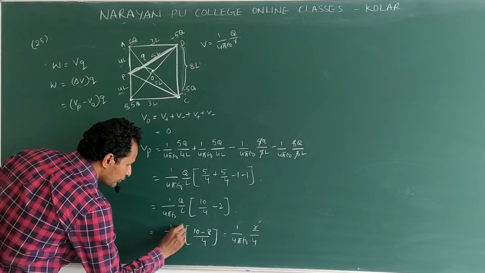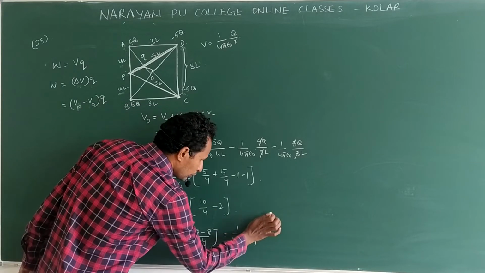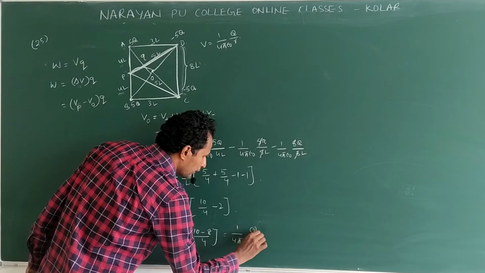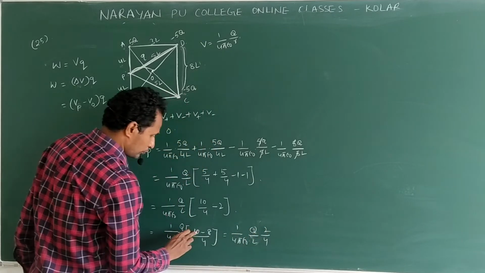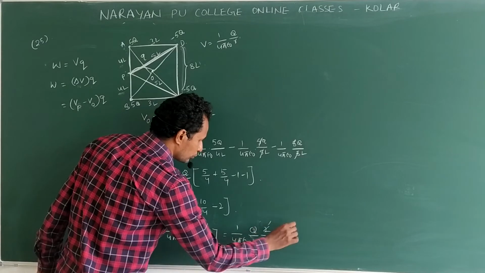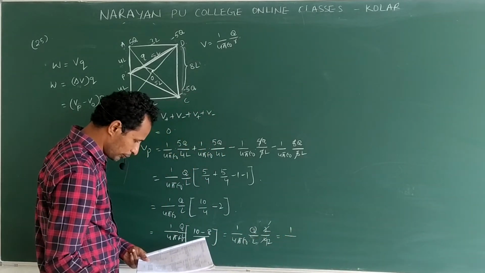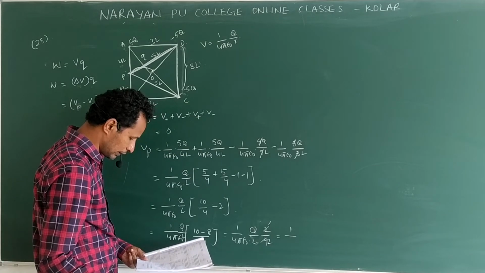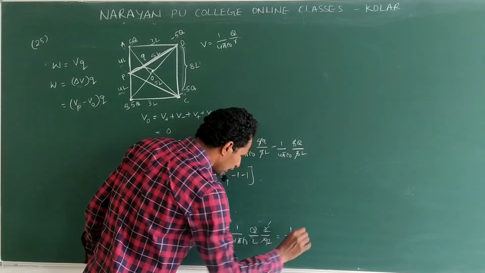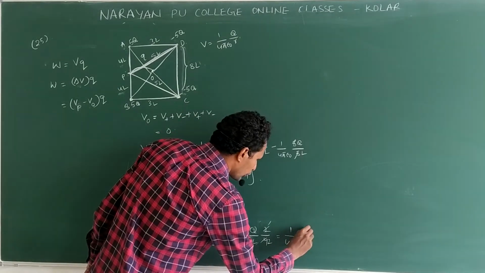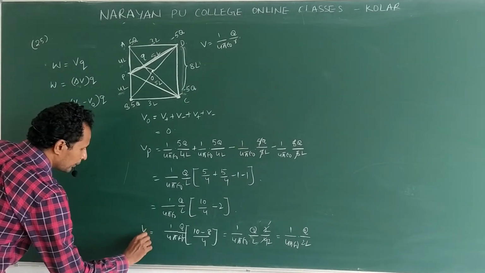According to answer we will make it this. Clear? 1 by 4 pi epsilon naught q by 2L. Now this is potential at P.